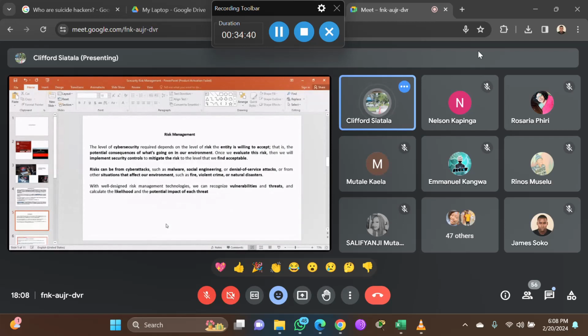Partly, the level of cybersecurity that is required to apply on the infrastructure depends also on the risk. Sometimes you find that even the level of cybersecurity investment depends on the level of the risk. So if the level of the risk is minimal, management may not be willing to invest, to buy.